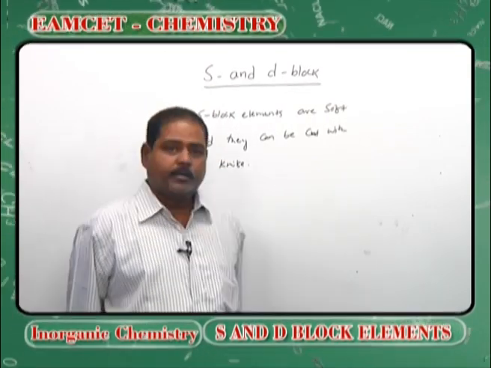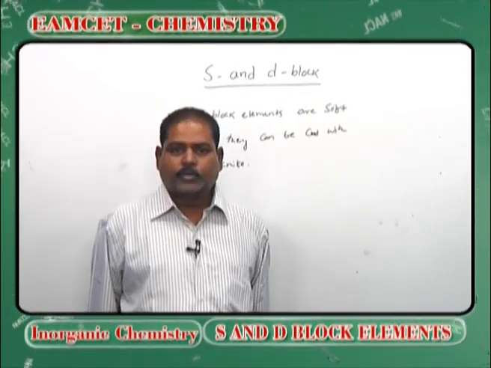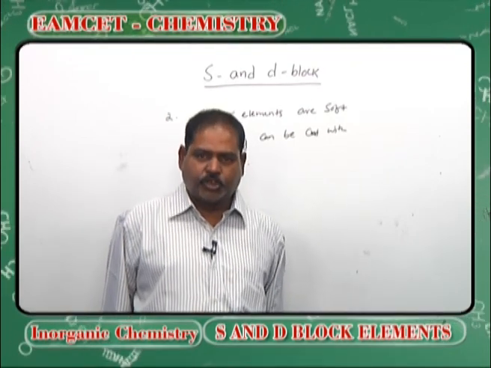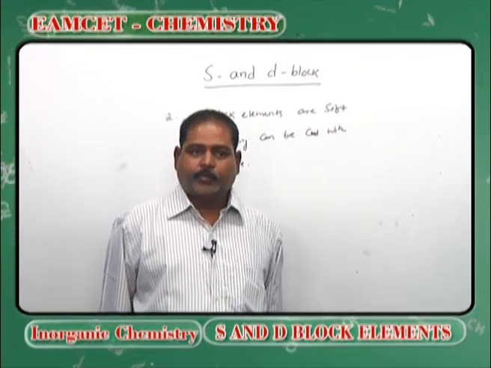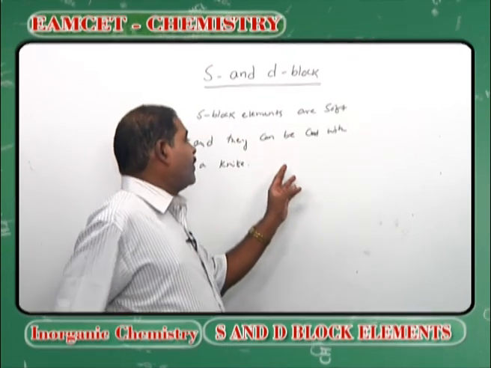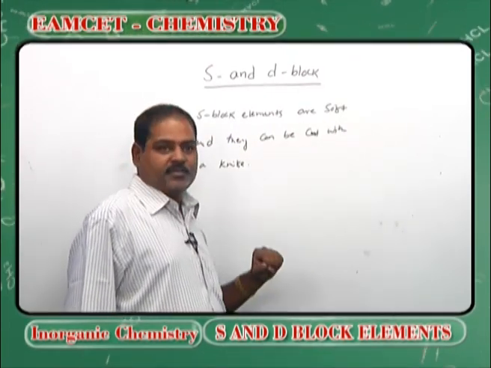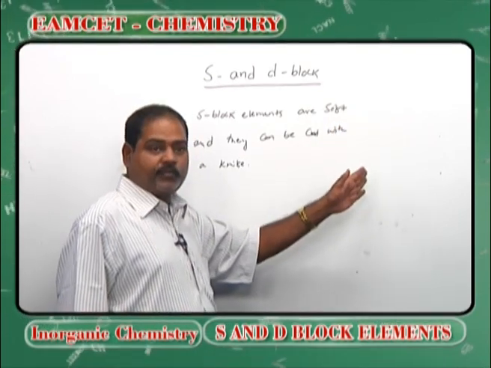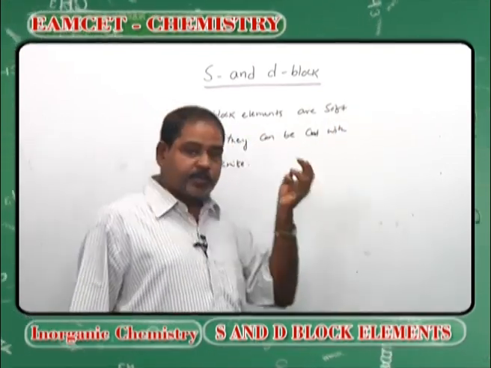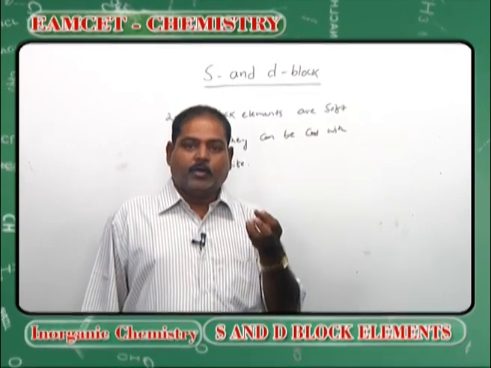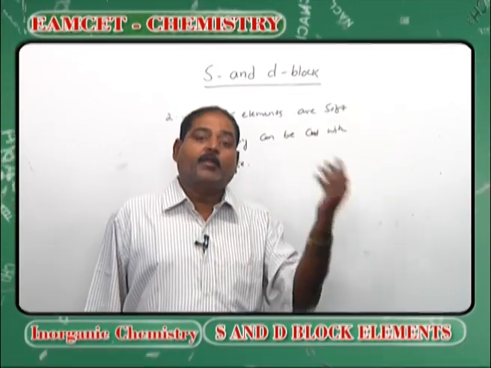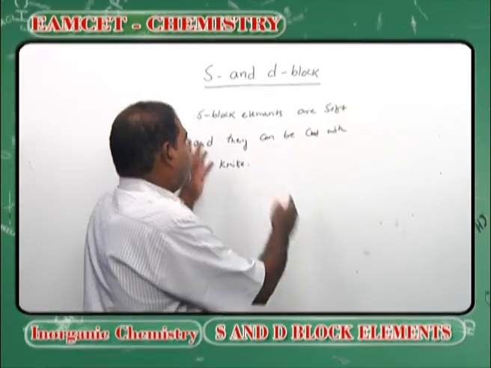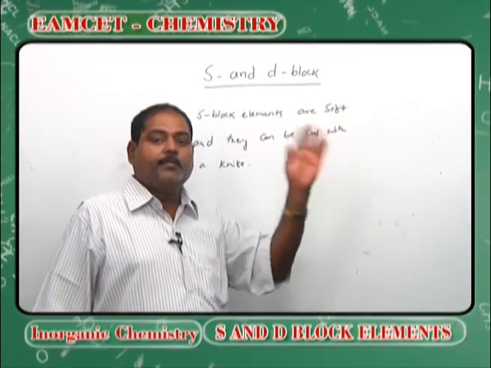Look at that statement. They are soft, no doubt. Are they softer than butter and cheese? Nay. They are softer only when compared to D block elements. Therefore, whatever statement we make about the S block, we keep the D block in mind. When I say S block elements are soft, they are softer than the D block.